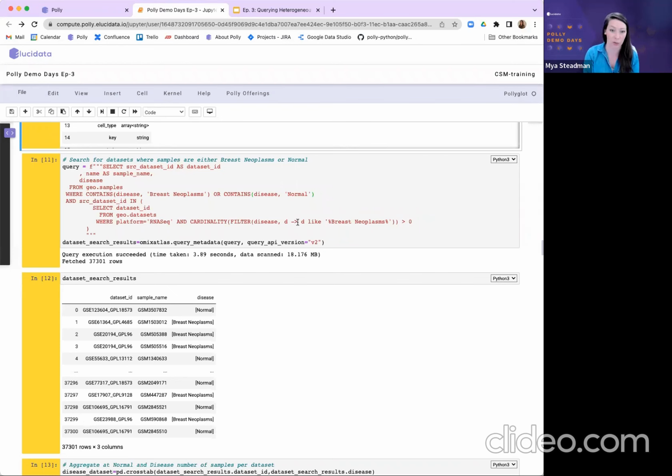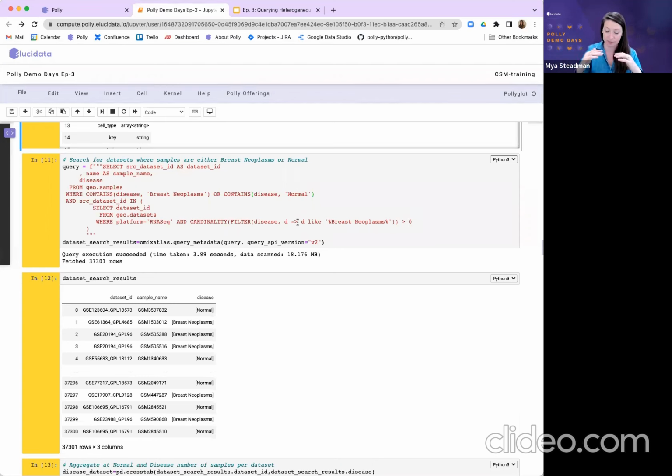In this scenario, I want to only find data sets that have both breast tissue, so breast tumor, breast neoplasm, in this case we're using the MeSH ID of breast neoplasm for breast tumor, and normal data sets. And that's because I want to look at the difference between my normal tissue and my diseased tissue. And that's sort of the sample level, right?